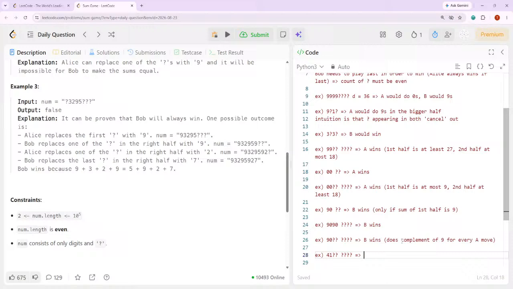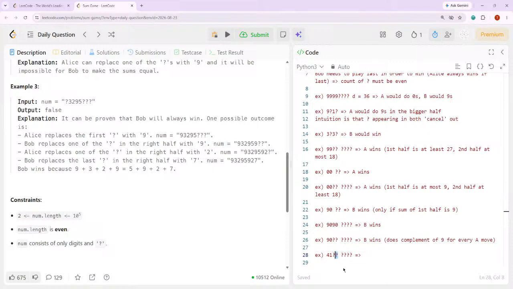So Alice sees that the first half is small. What can she do? So she sees that the first half is kind of small. Well, adds the 5. So if she does 0, 0, then Bob can do 9.